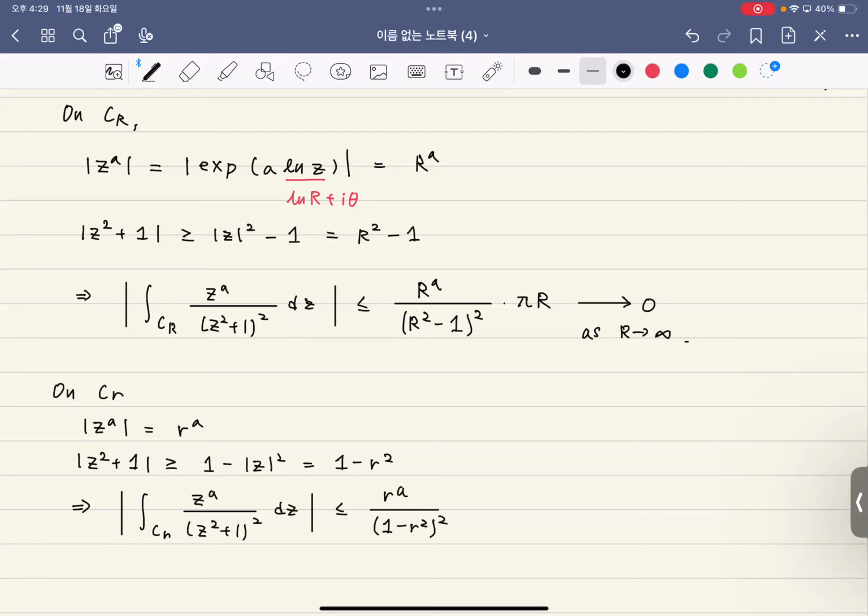So this is (t squared plus 1) squared, and dt. So here I have the absolute value of t to the a times e to the i a pi, over (t squared plus 1) squared dt.